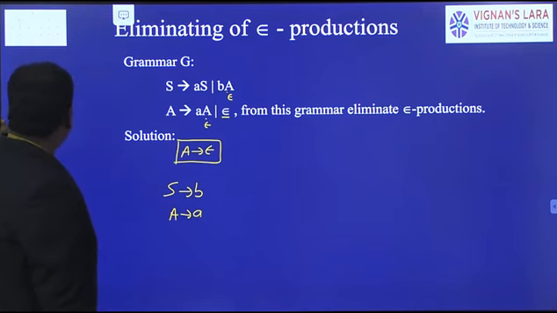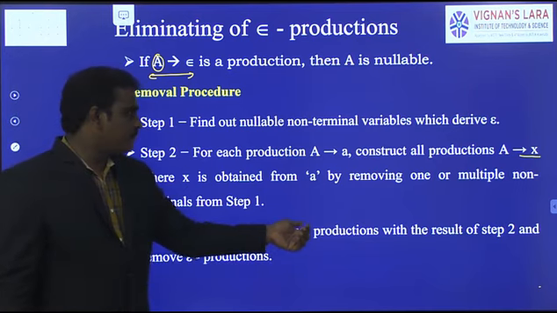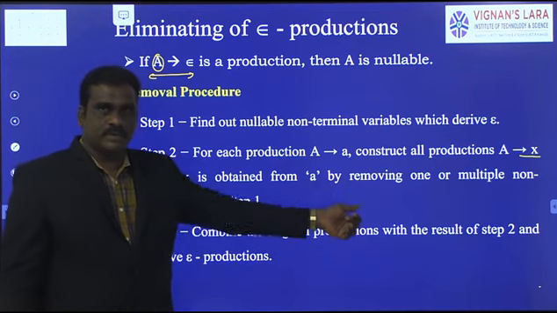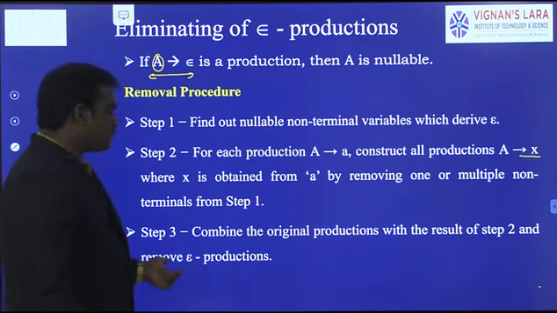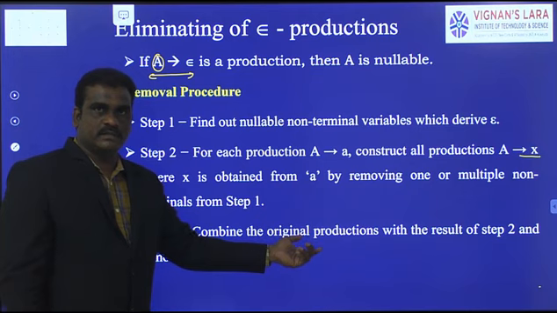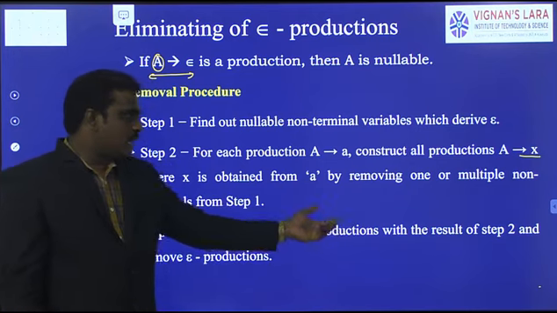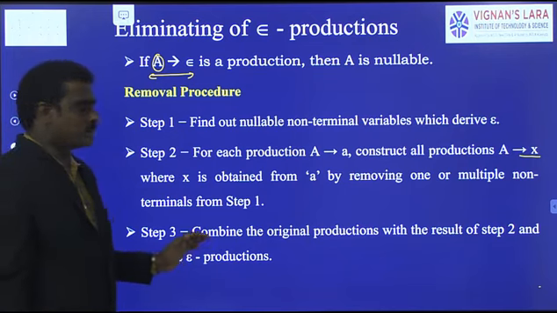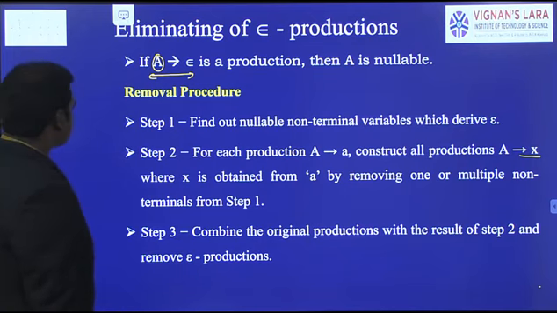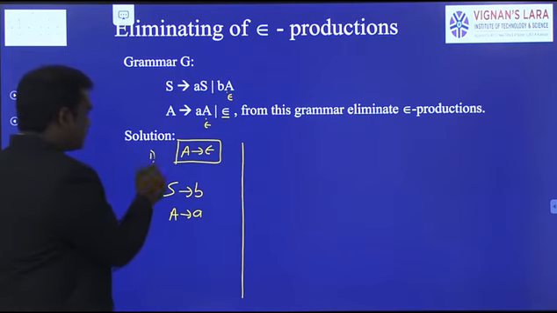And the third step. What is the third step? Combine the original productions with the result of step 2 and remove the epsilon productions. That means combine the given grammar with the result of step 2 and also remove the epsilon productions. So this is step 1 and step 2.